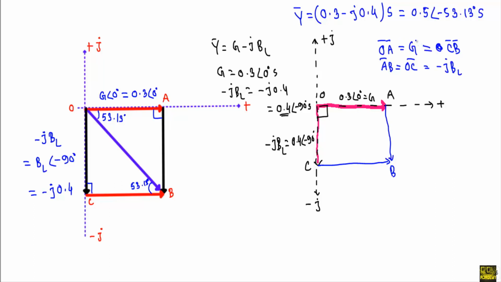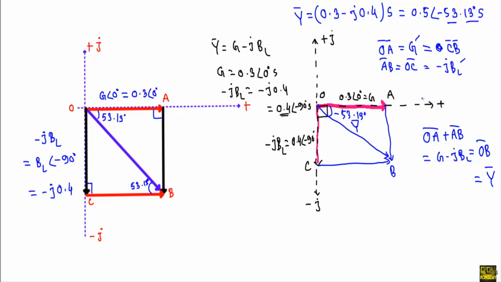See, if I add G and minus jBL, that means if I add OA and AB, that means G minus jBL, I will get OB or admittance Y. Okay, so this will be our admittance. Admittance Y will create how much angle? Minus 53.13 degree with the real axis. Okay, so this will be the admittance diagram.